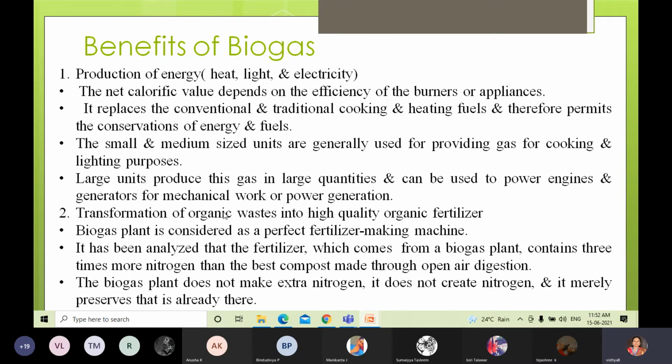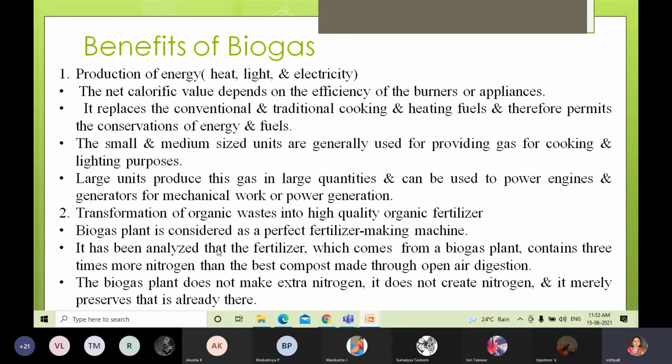Next is the transformation of organic waste into a high quality organic fertilizer. We already know that the biomass output can be used as organic, agricultural fertilizer. A biogas plant is considered a perfect fertilizer making machine.